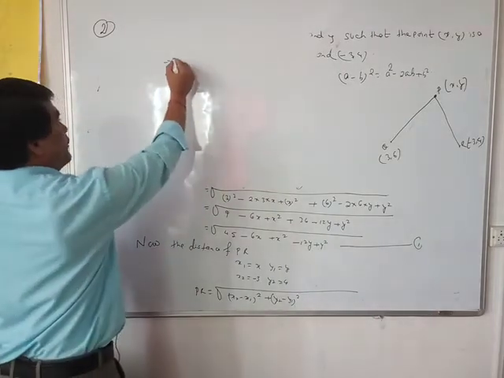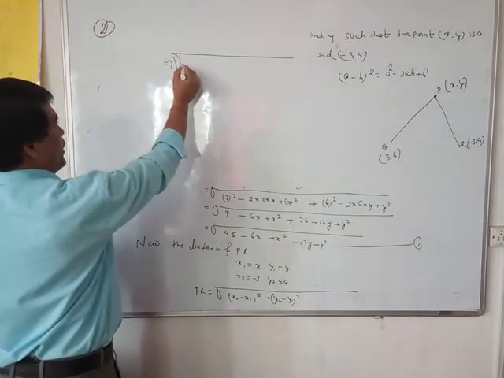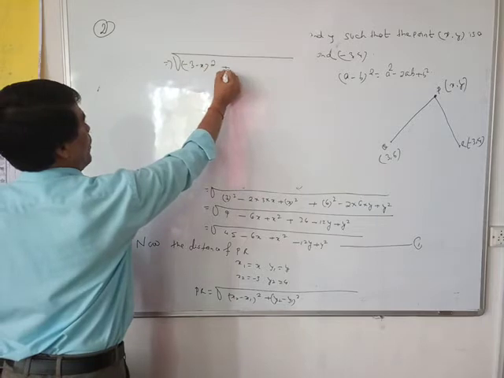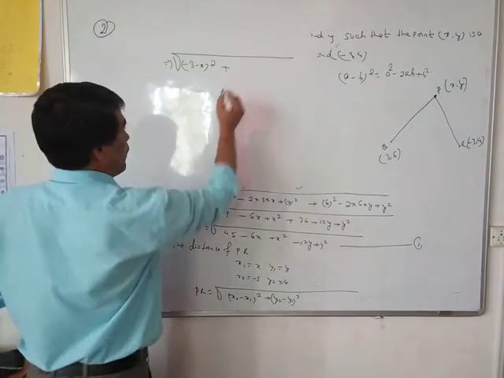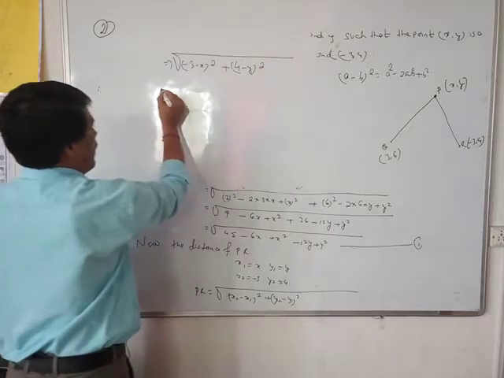We have to notice. Then this way the x2 value is minus 3: minus 3 minus x whole square plus the y2 value is 4 minus y whole square.